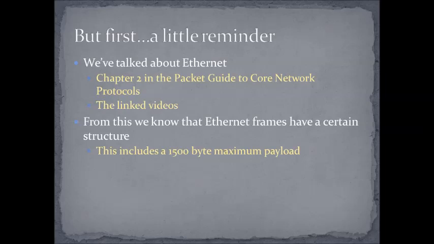They're built in a certain way. And one of the rules that we have is that Ethernet frames can carry a maximum of a 1500 byte payload. Now that assumes you're not doing jumbo frames, and that's still not as common as the 1500 byte frame limit of your standard Ethernet networking interface card or networking switches and routers and things like that.